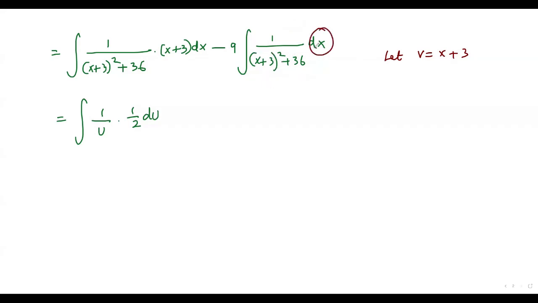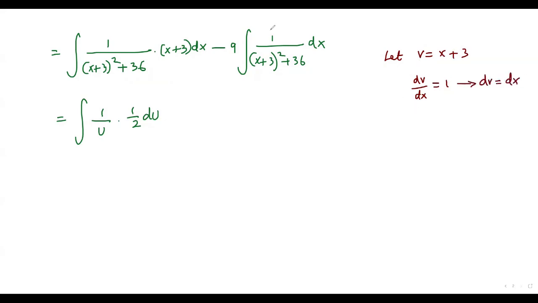So in place of dx, I must be getting dv. For that, I have to find the derivative on both sides of this equation with respect to x. When I find the derivative of v with respect to x, I'm getting dv over dx. Here, when I find the derivative of x with respect to x, I'm just getting 1. And the derivative of this constant 3 is 0. Now, when I multiply both sides of this equation by dx, I'm getting dv = dx.